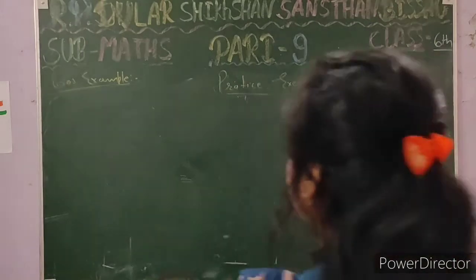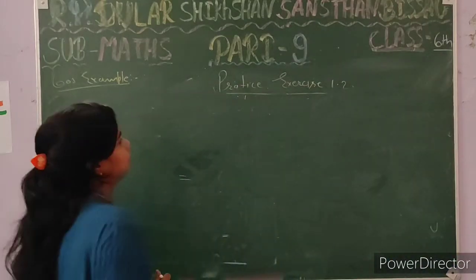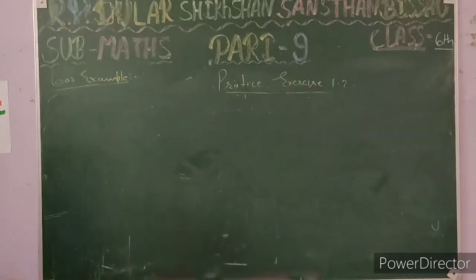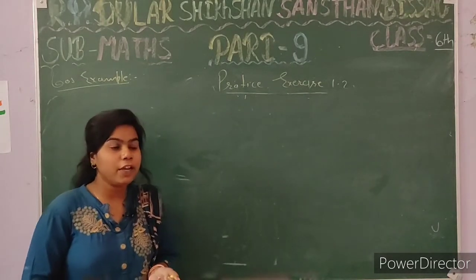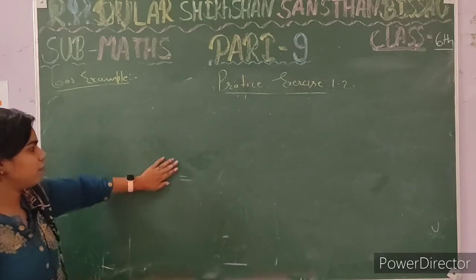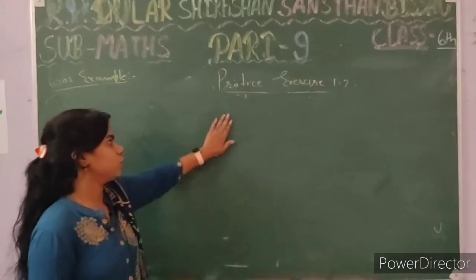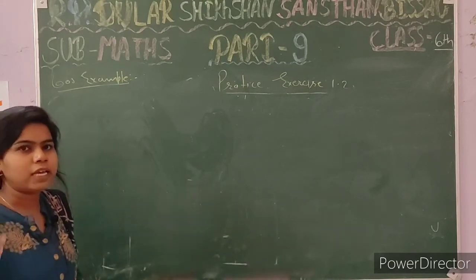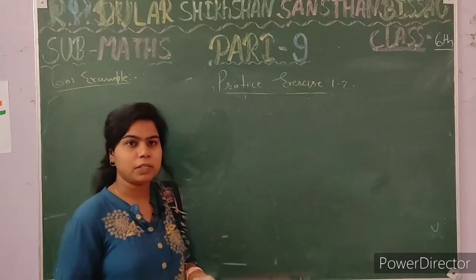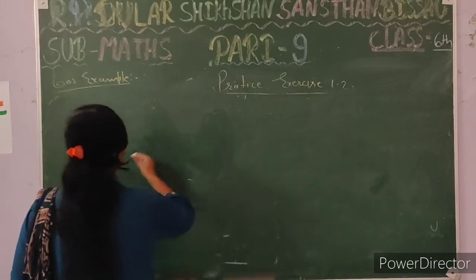Okay students, don't be confused here. I'll give one example of this type of question. In word problems, if we have a total mark like 300 or 400, and one number is given, we have to find the second number.